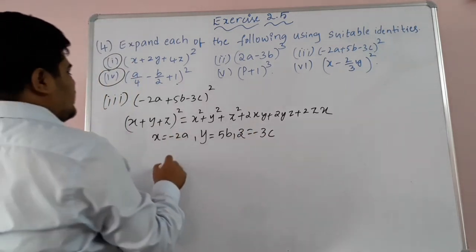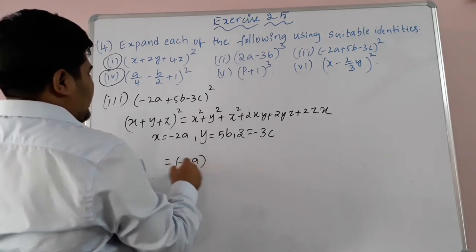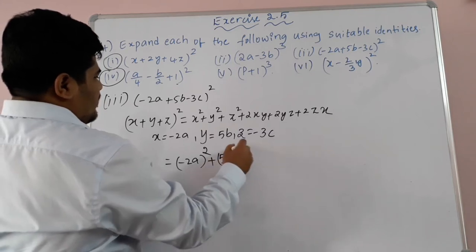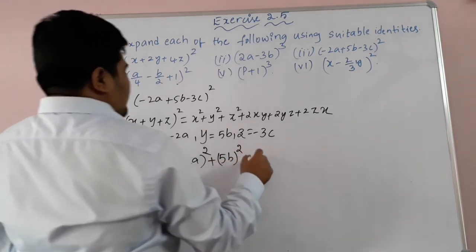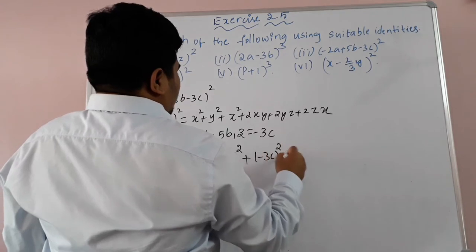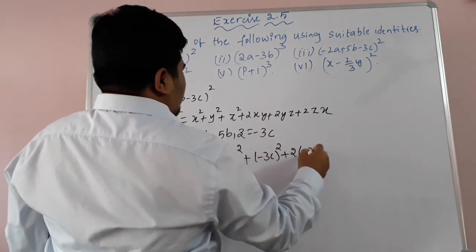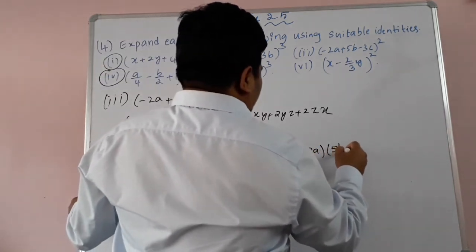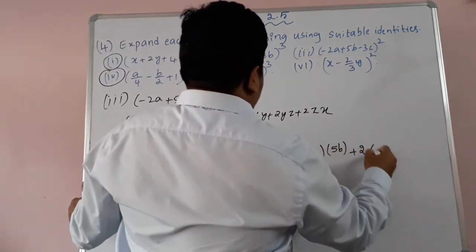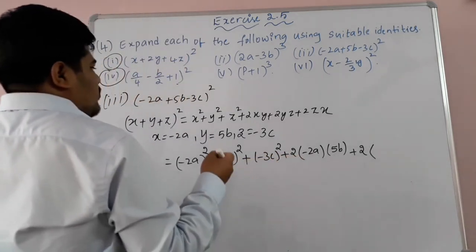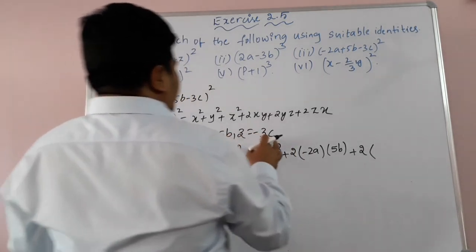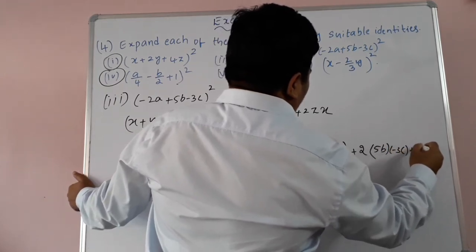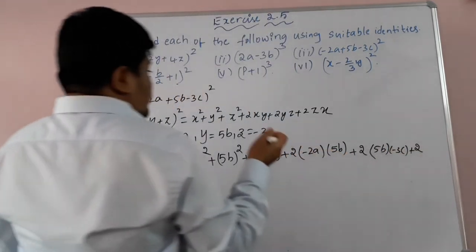Now see, expansion is minus 2a whole square, x square, plus y square is 5b whole square, plus z square is minus 3c whole square, plus 2xy means 2 into minus 2a into 5b, plus 2yz. Yz means, children, 5b into minus 3c, plus 2zx, sorry.